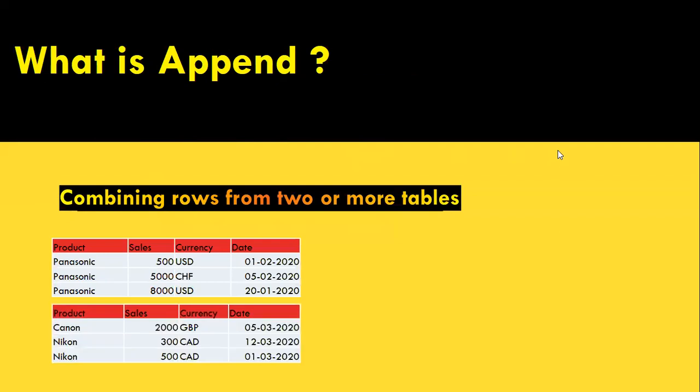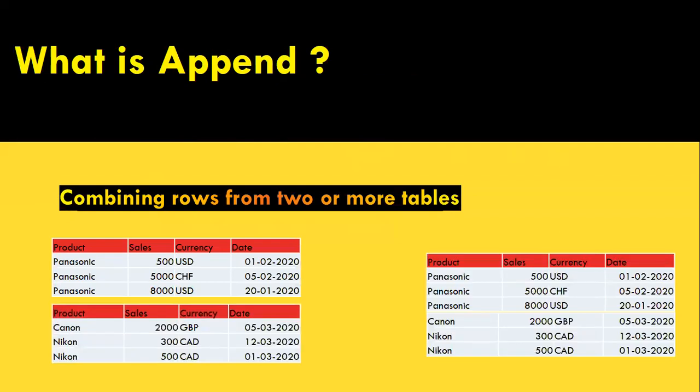You combine multiple rows or multiple files into a single file. That's it. It's as simple as that. Let's say you have two data files, file 1 and file 2. Simply, you take file 2's data and put it in a single file. File 1 and file 2 content will go into a single file.